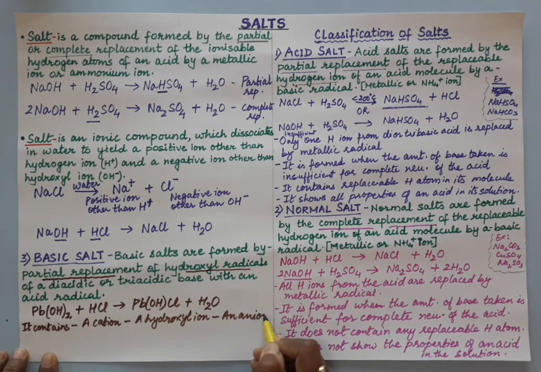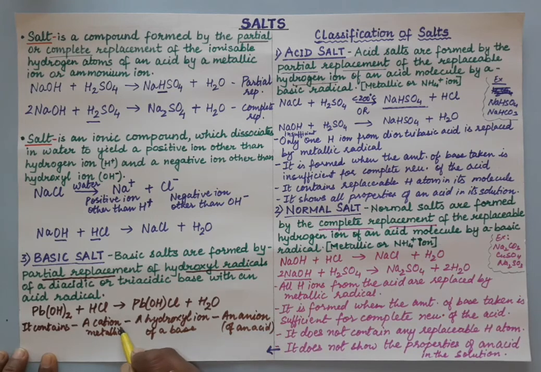So all these three are present in the basic salt: cation Pb, hydroxyl ion and an anion.